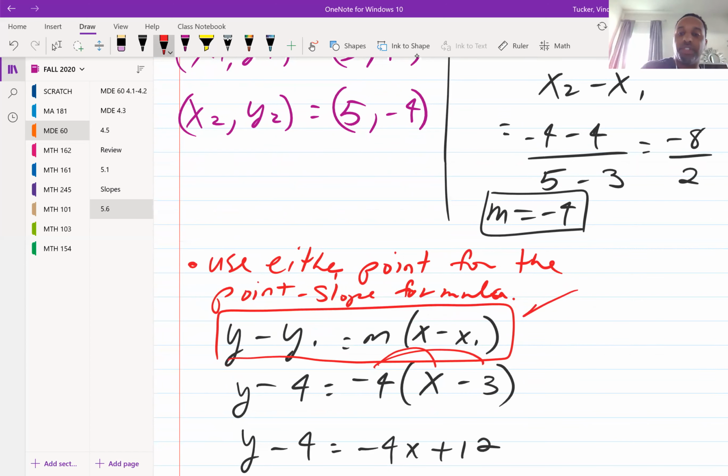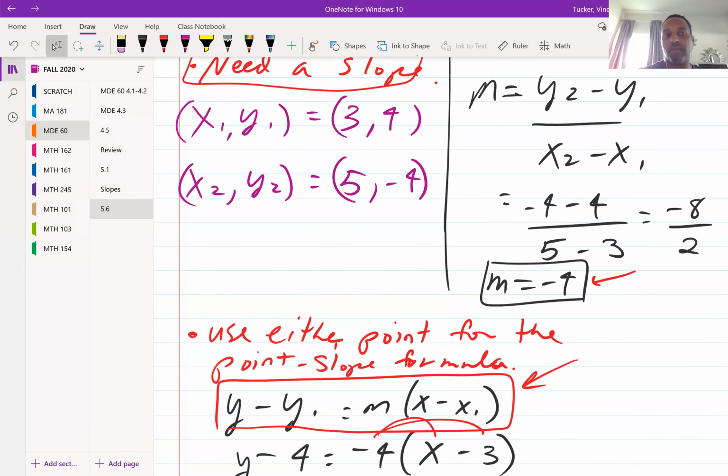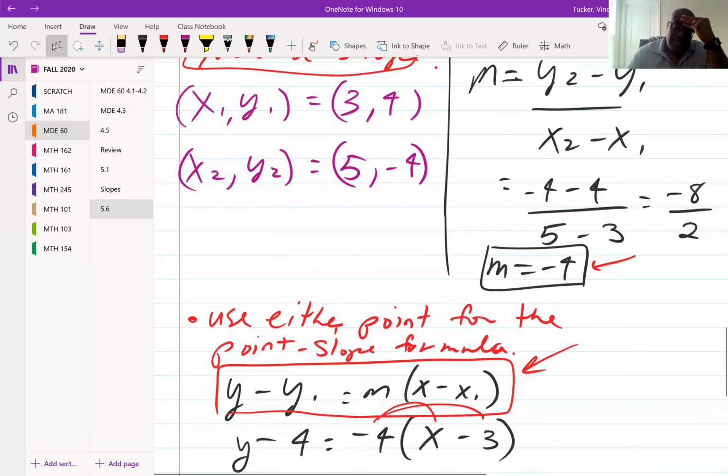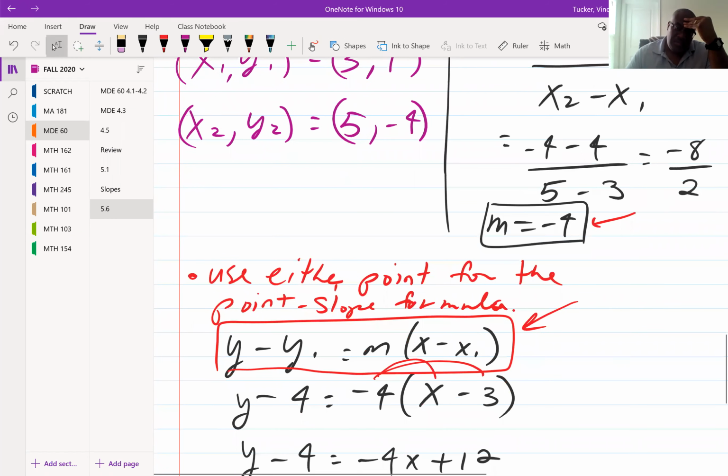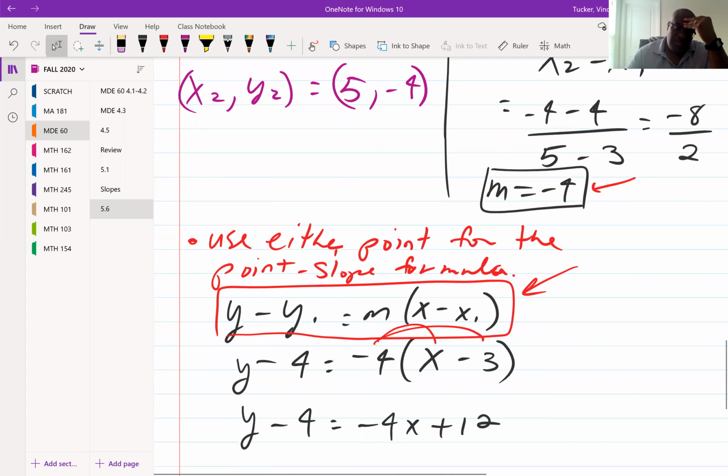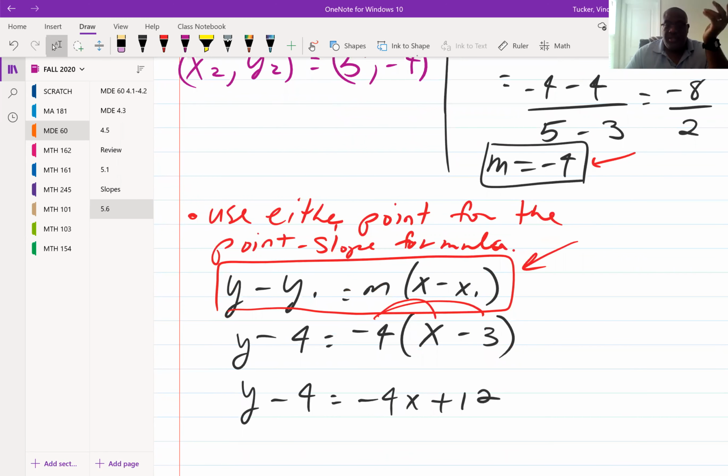But you couldn't use this formula until you actually calculated the slope. I think I grasped the concept. Then once we get the slope, we switch to another formula. Right.